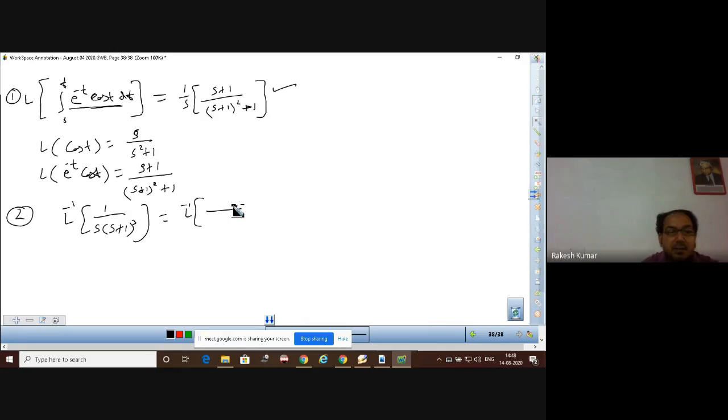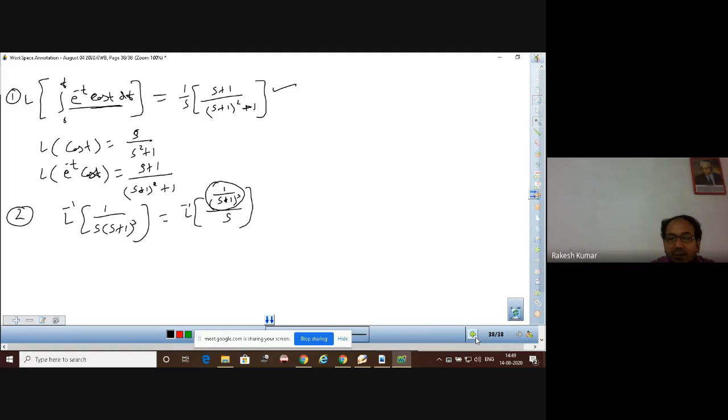This is s in the denominator, and there is 1 over (s plus 1) whole cube. Now, if we compare this, that is L inverse of f bar s, which comes out to be f bar s over s. This complete term is f bar s over s.